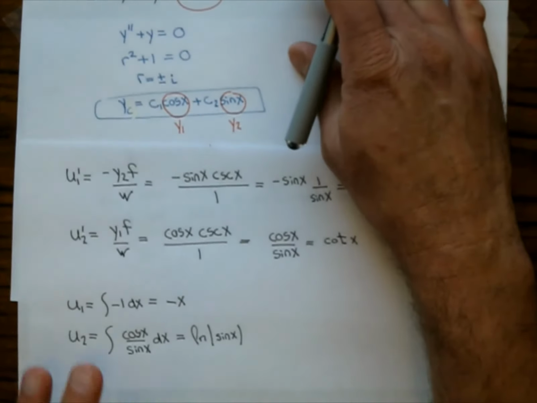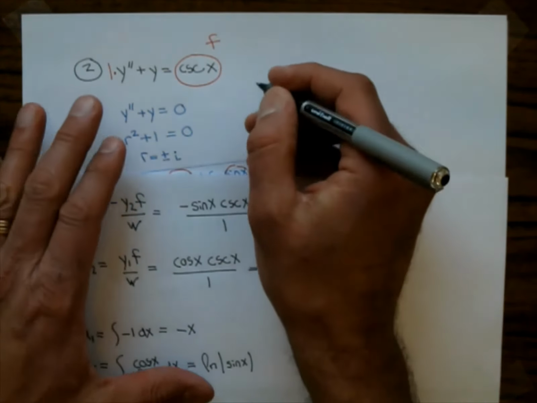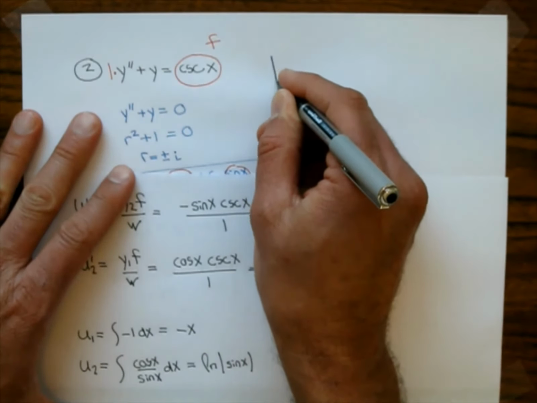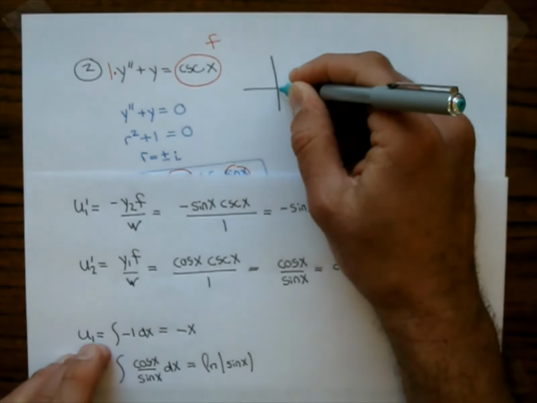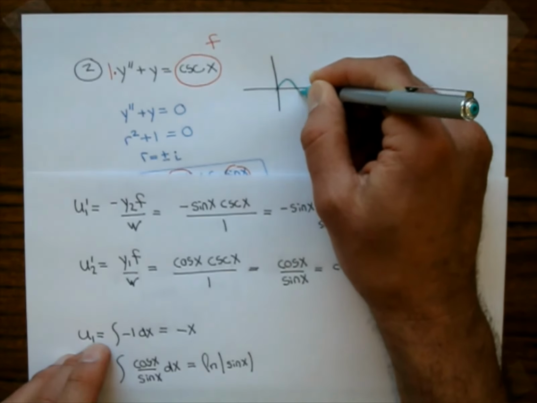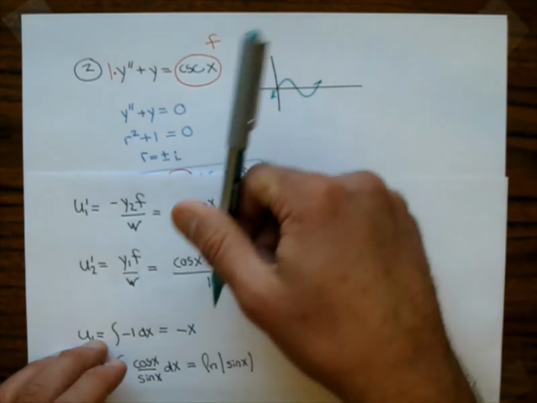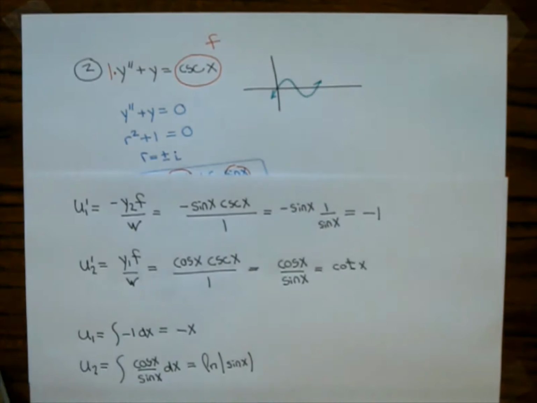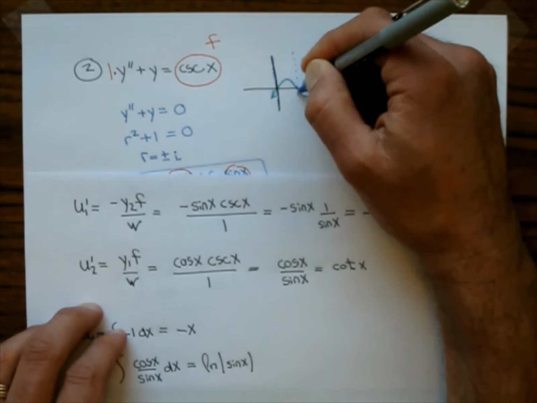So let's go back to our original problem and look at the cosecant. The cosecant, if you remember, is the inverse of the sine, and the sine looks like this. So the cosecant, if we wanted to draw that picture, has vertical asymptotes everywhere the sine hits the x-axis.